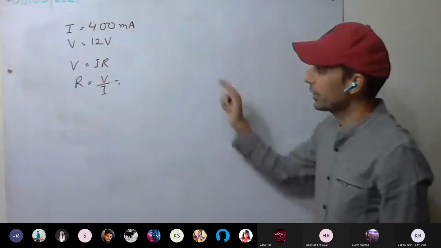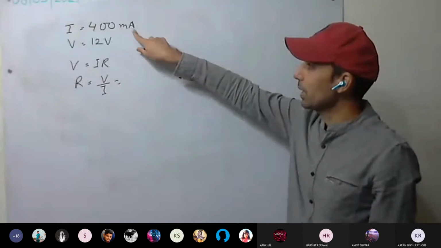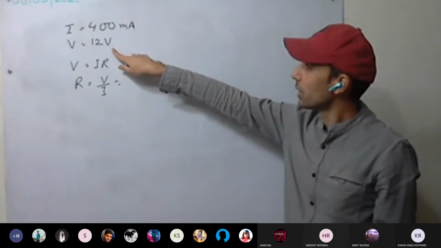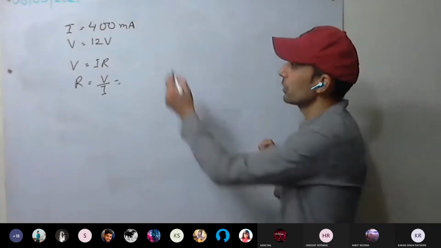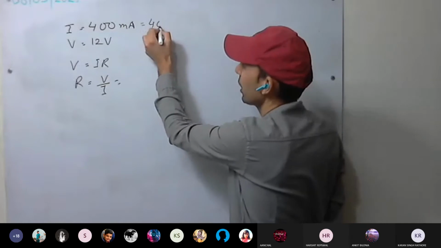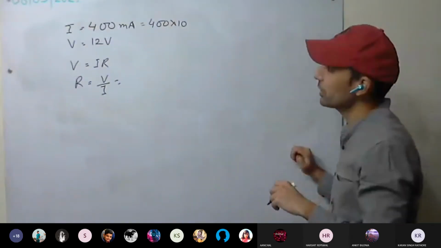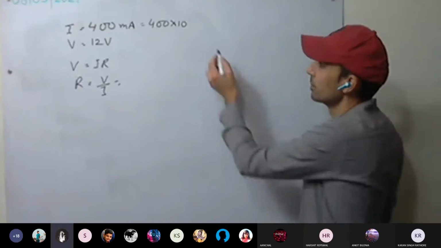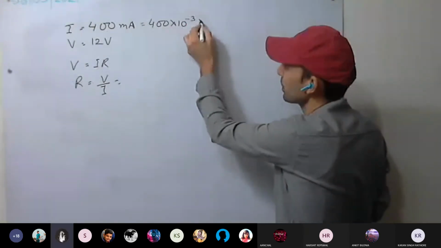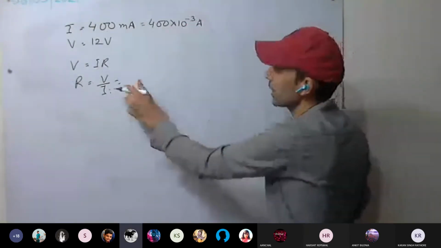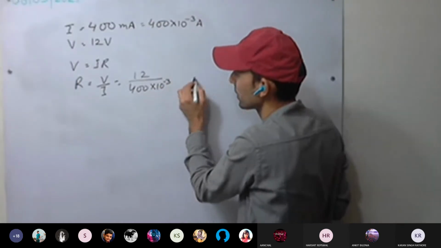Okay. So do we have to do anything? It is milliamperes, and it is volt. We have to convert it into amperes. How much will it be? 10 raised to power minus 3 amperes. Now divide them: 12 divided by 400 into 10 raised to power minus 3.